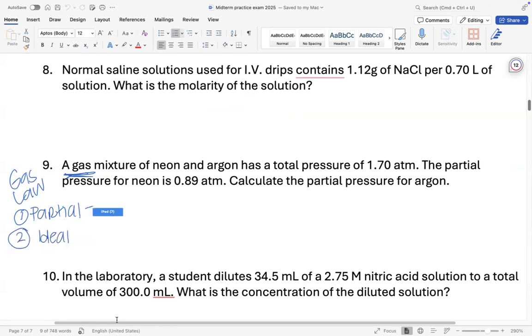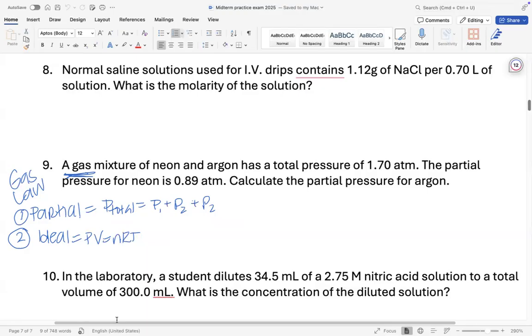So partial pressure is just the one where the total pressure equals the individual pressures added up. And the ideal gas law is the one where you have all those 5 different variables, PV equals nRT.